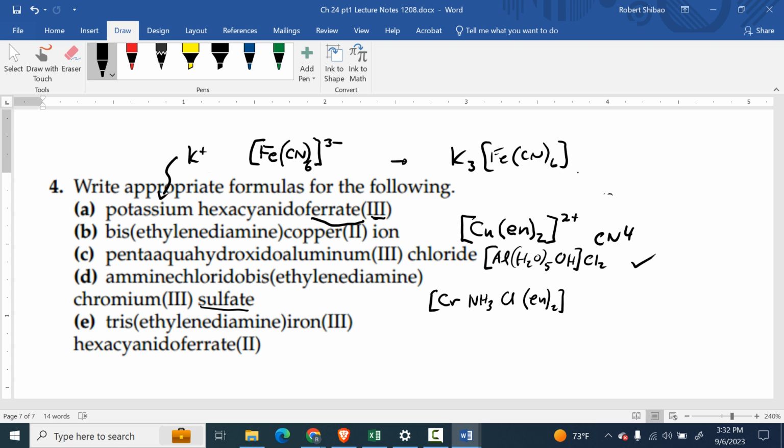So chromium is +3, ammonia is 0, chloride is -1, so +3 -1 is +2. Ethylene diamine is neutral, 0. So this whole thing is going to be +2. And then we have a sulfate. We only need one sulfate to balance out the charge. So a sulfate would be -2. And so this would be the formula for that. What's the coordination number of chromium in this complex?